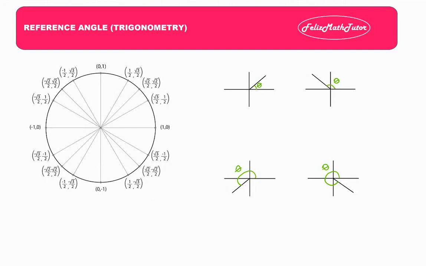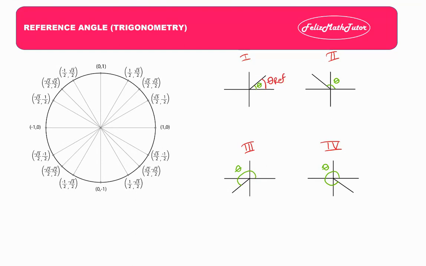There are four possible situations because we have four quadrants: first quadrant, second quadrant, third quadrant, and fourth quadrant. So we have four possible angles. In the first quadrant, there's nothing wrong. The reference angle is the same as the normal angle.